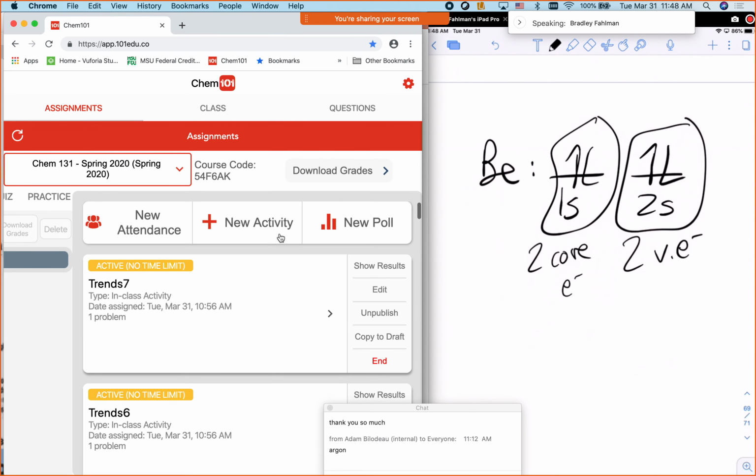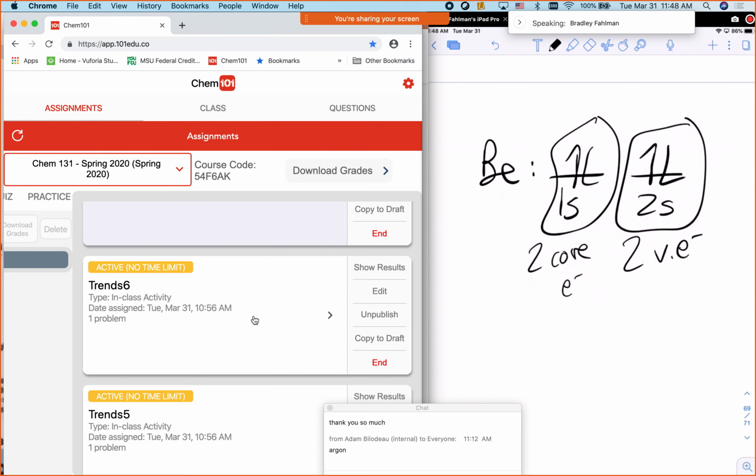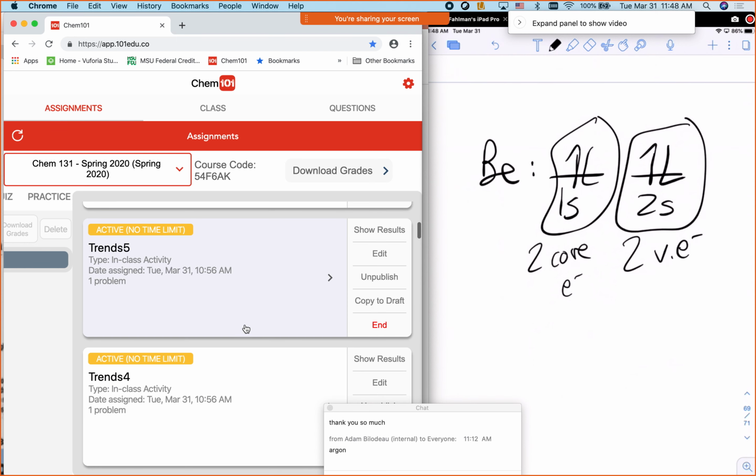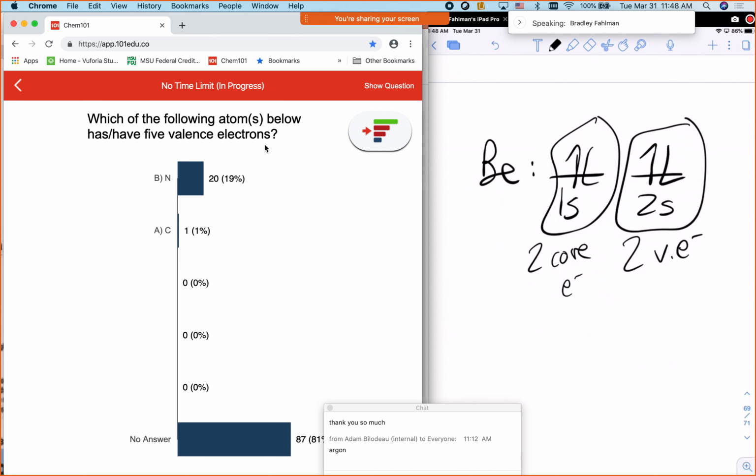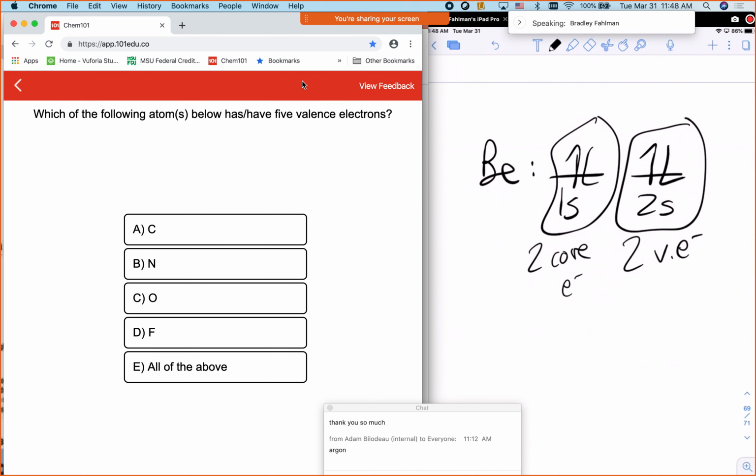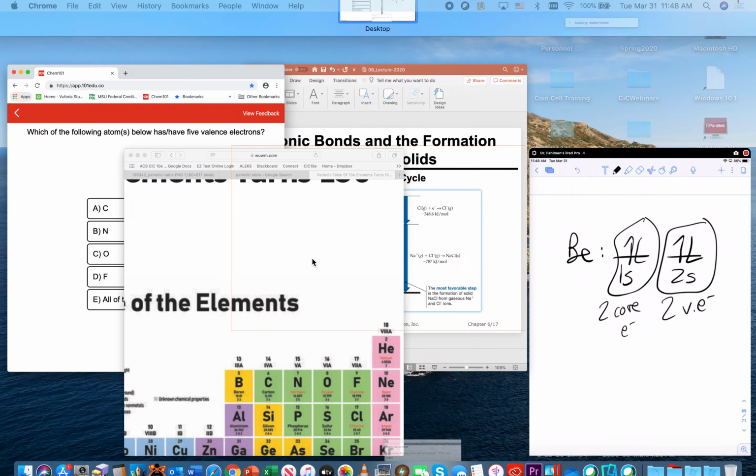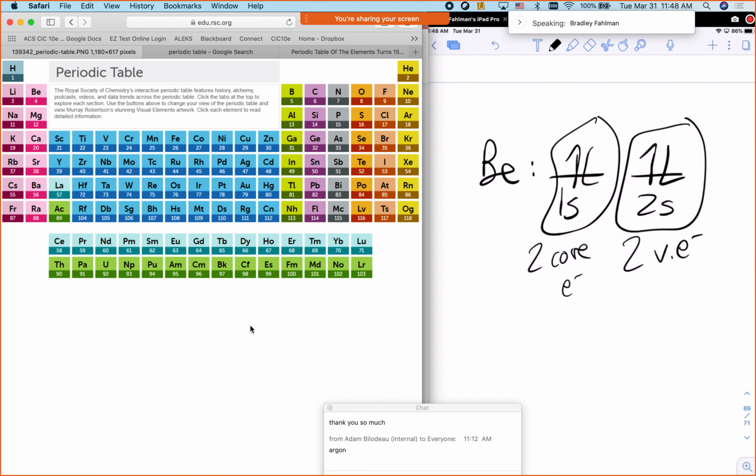So that was 3, I think, or was that 4? Okay, so trends 4. Which of the following atoms has 5 valence electrons? Let me put up the periodic table.